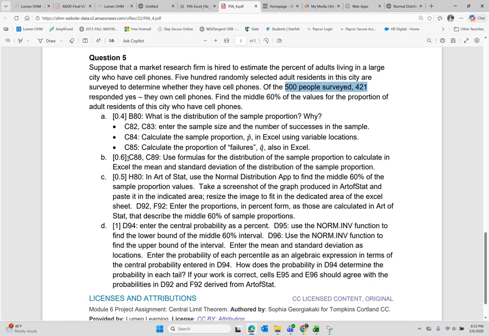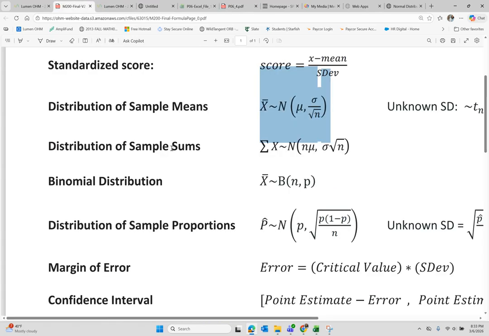Part B says, in C88 and C89, use formulas for the distribution of the sample proportion to calculate in Excel the mean and standard deviation of the distribution of the sample proportion. So let's refresh our memories on those formulas.